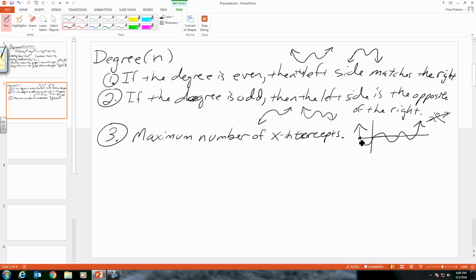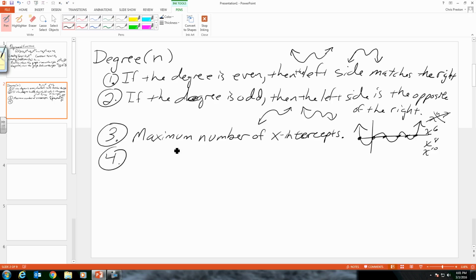The reason why is because it's got 1, 2, 3, 4, 5, 6. So it's got to be at least x to the 6th. It could even be higher. It could be x to the 8th, x to the 10th, whatever. But it's got to be at least x to the 6th. So that's something the degree tells you, how many maximum x-intercepts. You can always have fewer than this, but you can't have more than the degree.